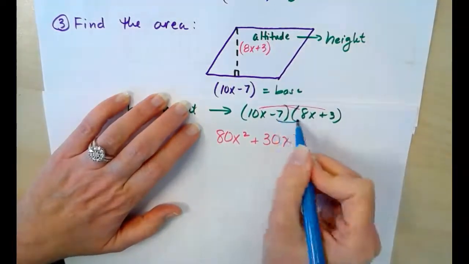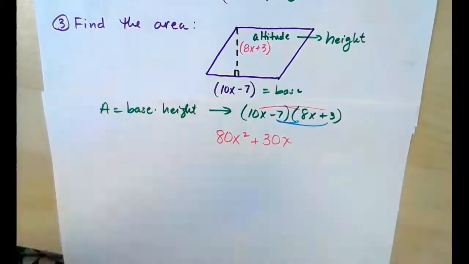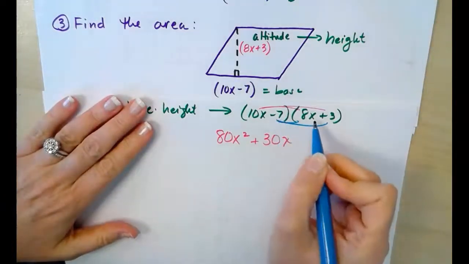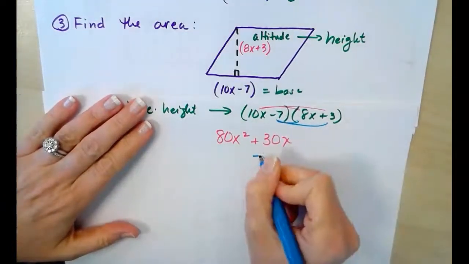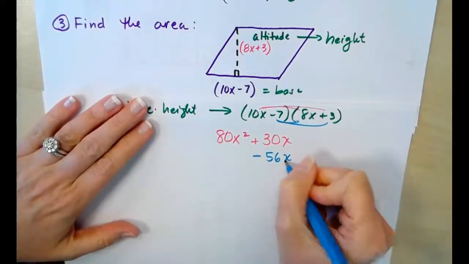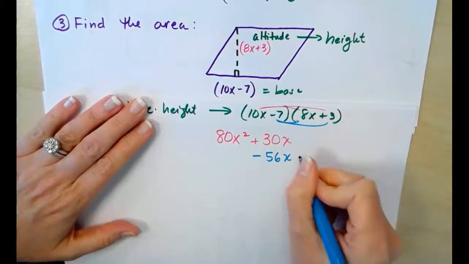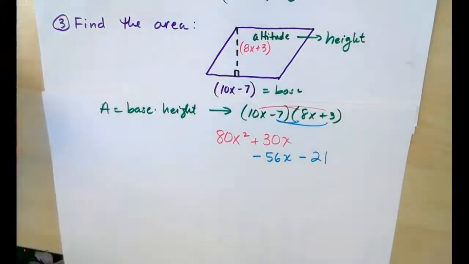Next, we're going to take the negative 7 through, but this time we're going to stack the like terms vertically. Negative 7 times 8x is negative 56x. Negative 7 times 3 is negative 21.